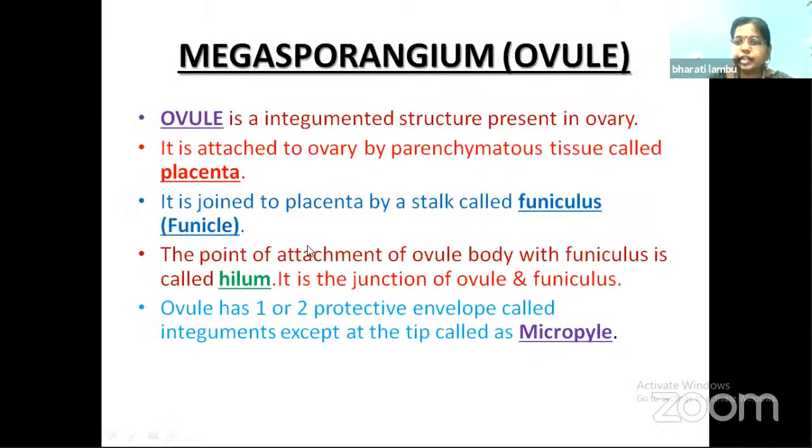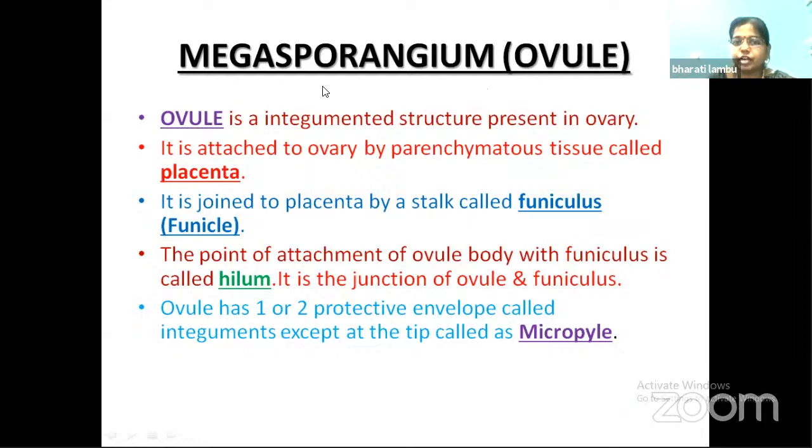Now we'll study the structure of the ovule. I told you ovule is nothing but the megasporangium. What is microsporangium? It is present in the pollen grain, is it not? So megasporangium means ovule. So megasporangium contains integument.